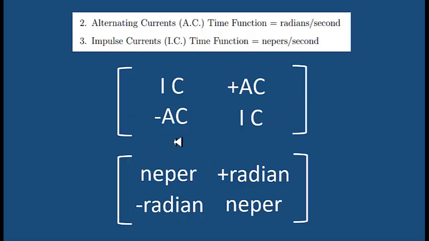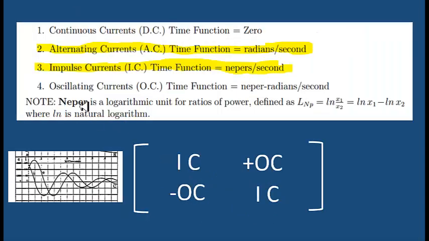The other reason that this makes sense is because the alternating currents have units radians per second. The impulse currents have units nepers per second, and so nepers being a scalar. Let's go back to the neper again, neper is a logarithmic unit, it's a unit of scale.